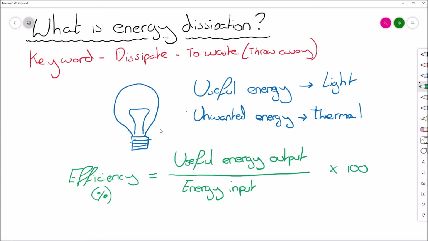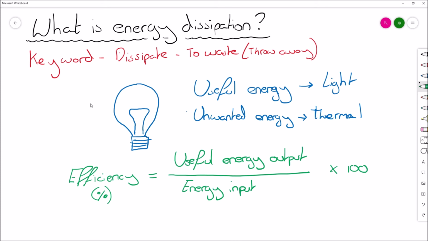Now useful energy output is the energy we want. So in this example up here, it is the light. So that is how much energy is being output in the form of light. Our energy input is how much energy we're putting into the bulb before it gets turned into the different forms of energy. So that would be both of these combined together would be the energy input.